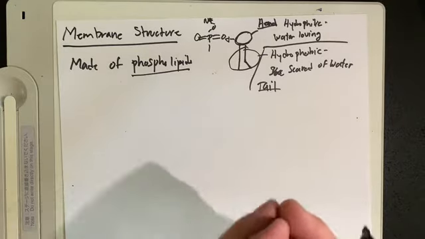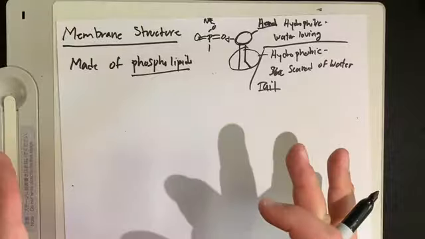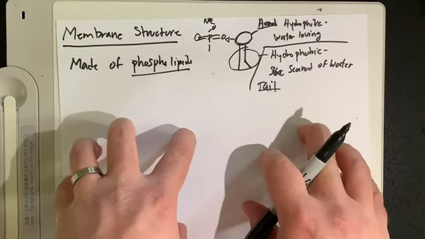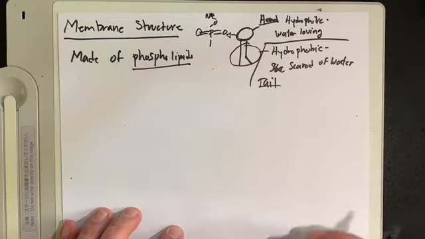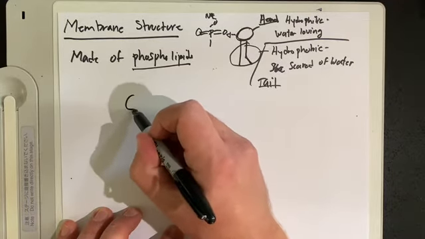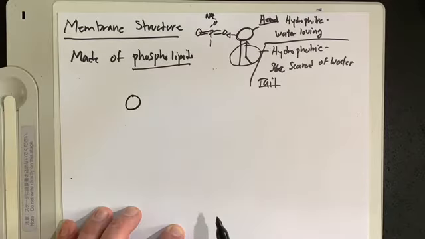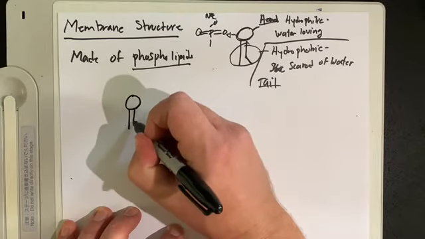So in other words, if I were to take a handful of phospholipids and throw them into the water, and let's say this white paper here is going to be our water, they're going to interact with each other. They're going to interact with the water differently. So we're going to have something like this. So here's our hydrophilic head with the hydrophobic tails.